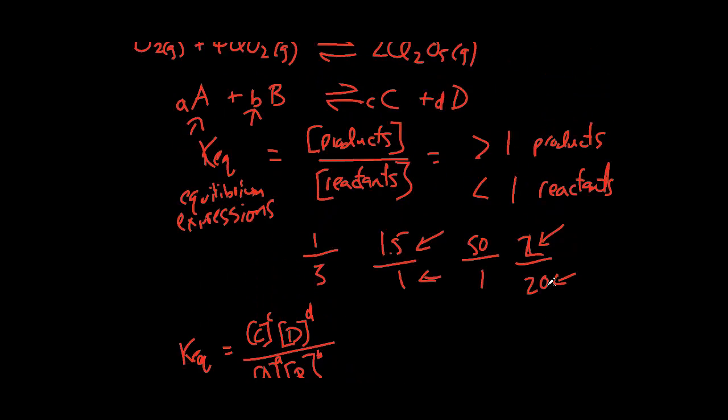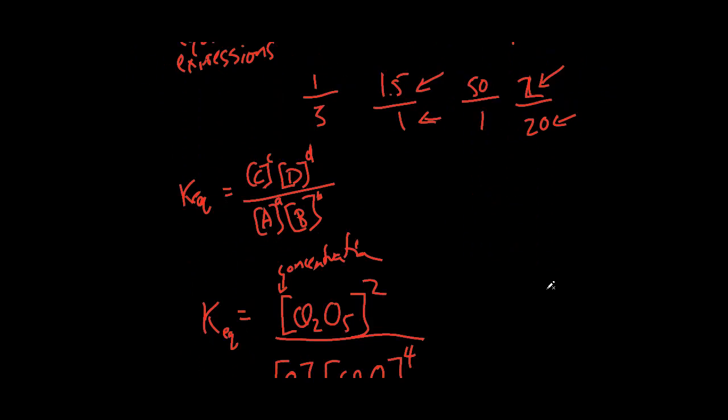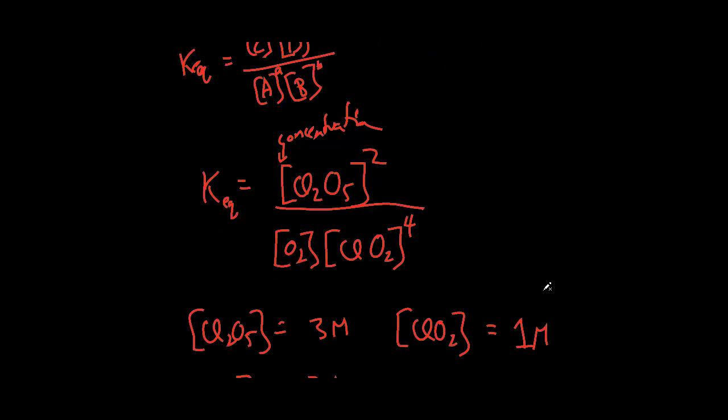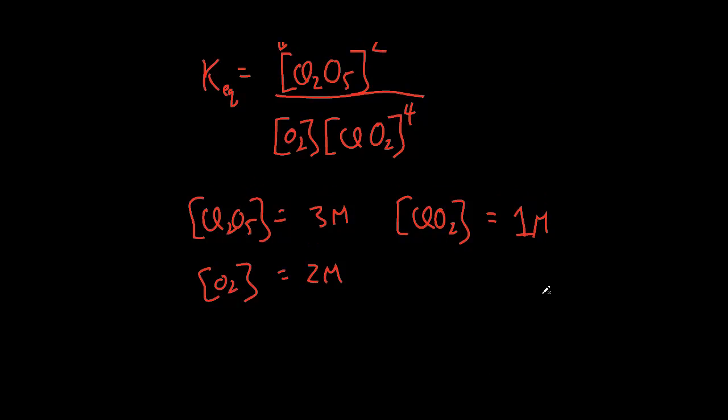And again, it's going back to our original reaction up here. Well, we've written our equilibrium expression. All we have to do now is plug in the values. So K equals the concentration of Cl2O5, well, that's 3, right?